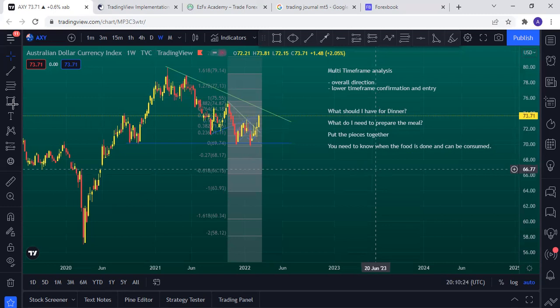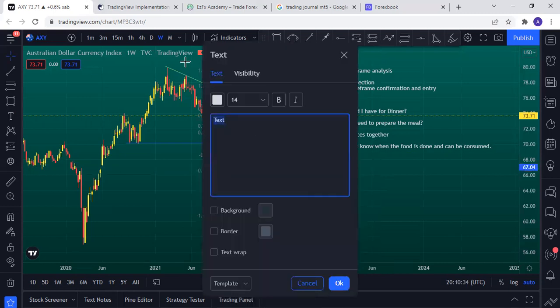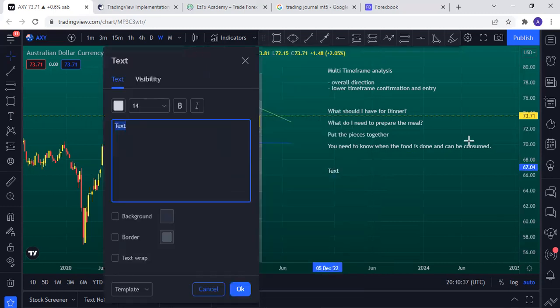So applying this into trading, let's take it one step after the other. Putting this into trading, let us see how this looks now. So the first step is, what should I have for dinner? Which is simply, what is the overall direction?